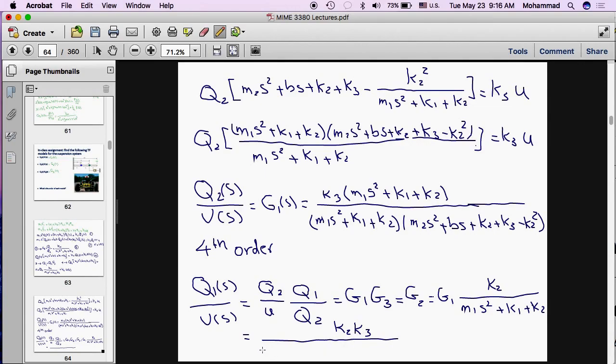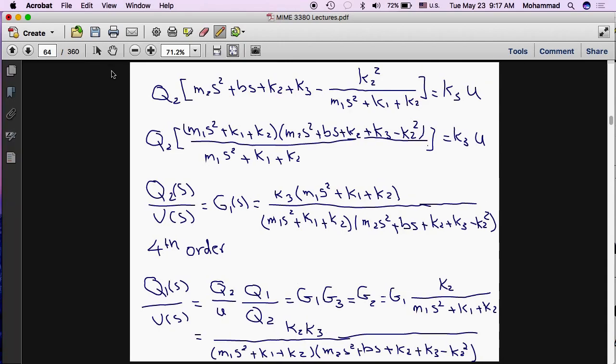So it is, open parentheses, M1 S squared plus K1 plus K2, close parentheses, open parentheses, M2 S squared plus BS plus K2 plus K3, close parentheses, minus K2 squared. Questions?